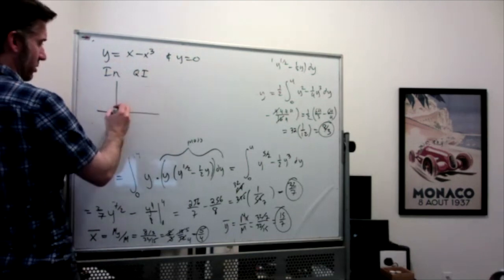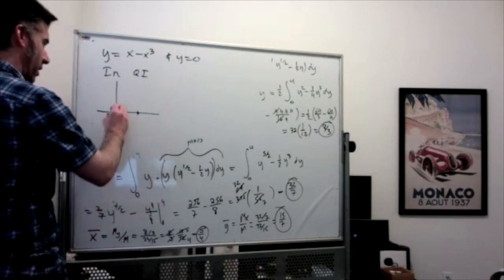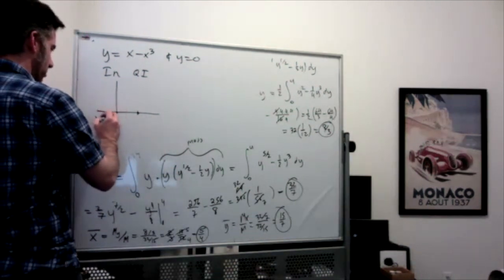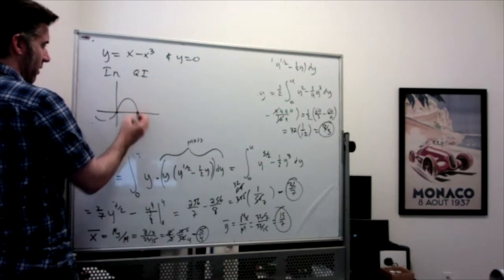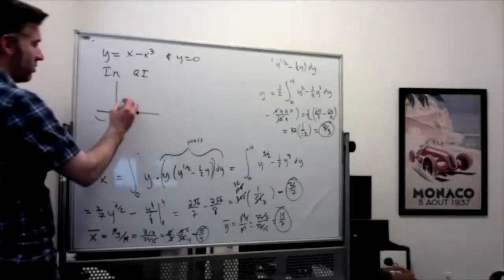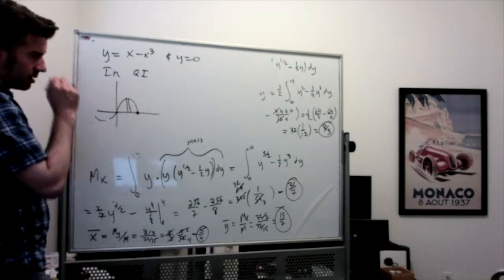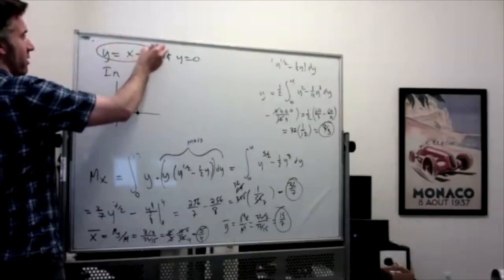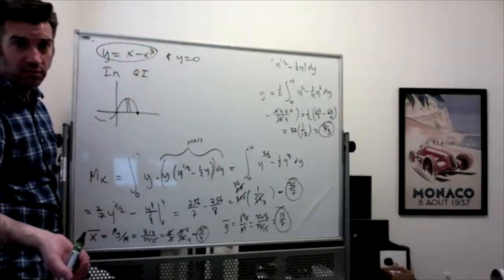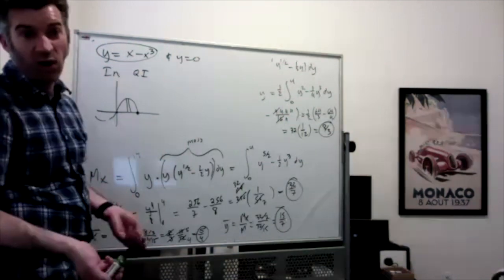So my intercepts are 0 and 1. There's also an intercept at -1. I don't care about that. It looks kind of like this. If I want to find the moment of this, I have to do things in terms of x. Not because the density is variable, but because I can't solve for x as a function of y. So I couldn't use a horizontal strip even if I wanted to.